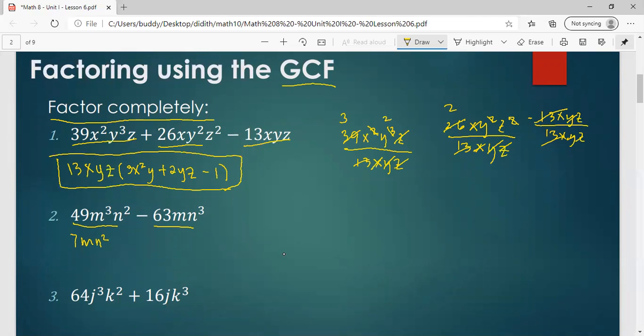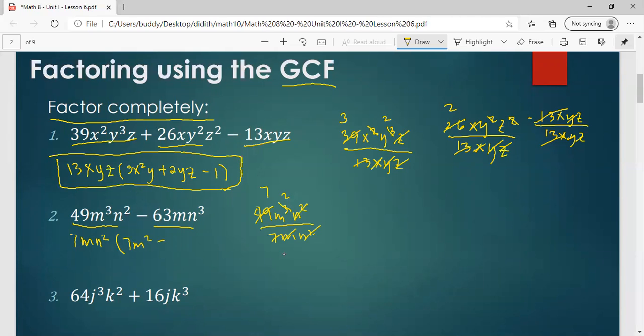Now, the next step for us to know the second factor of this polynomial, we're going to divide each term here by the GCF. So this is 49m cubed n squared divided by the GCF 7mn squared. 49 by 7 is 7. Now 3 minus 1 is 2, and then n squared are cancelled. So the result is 7m squared.